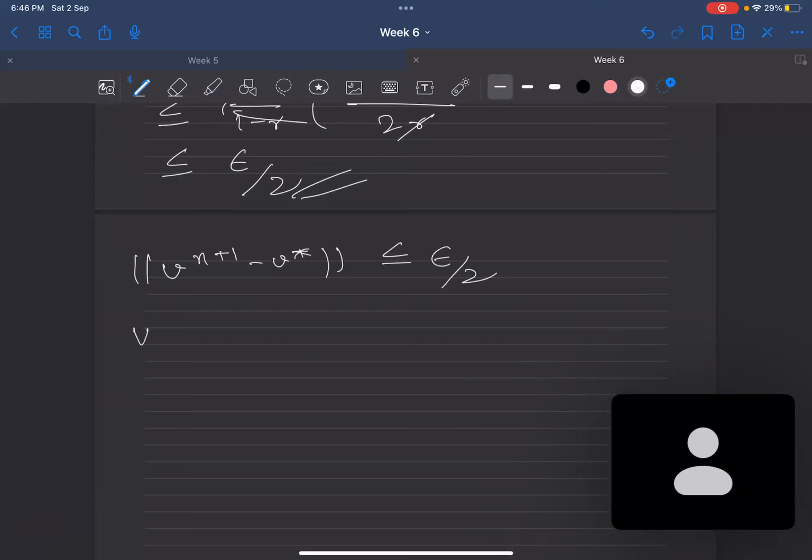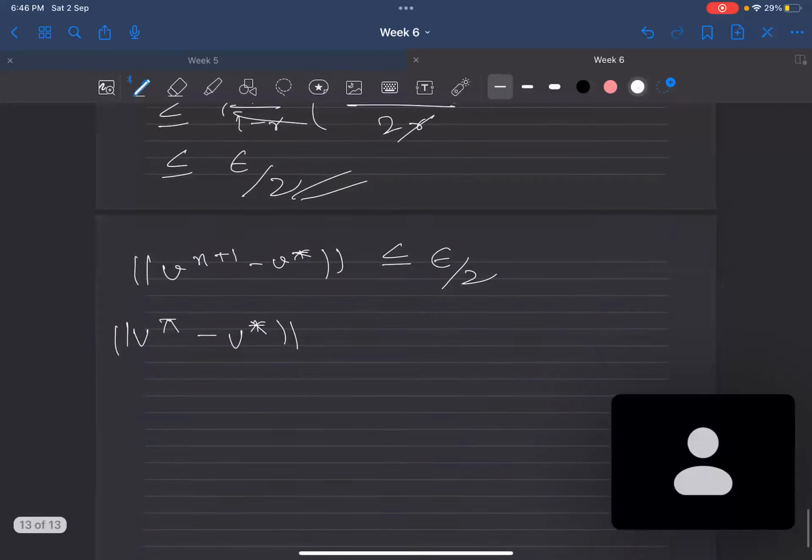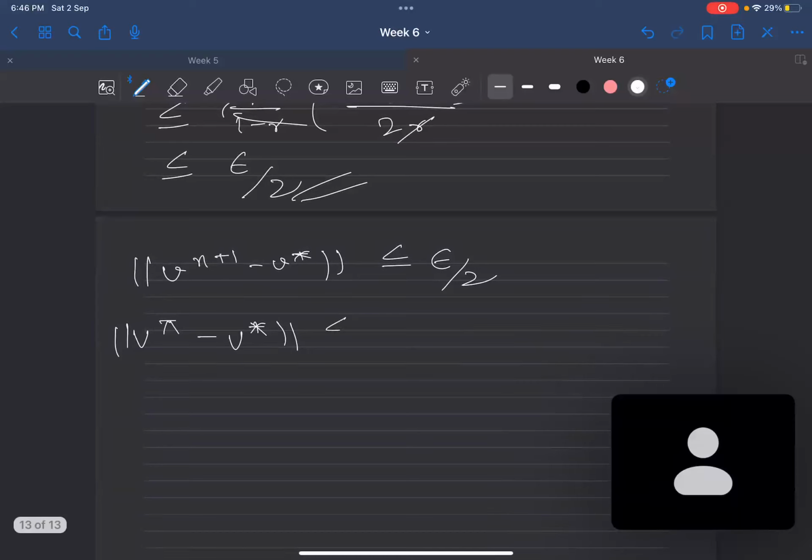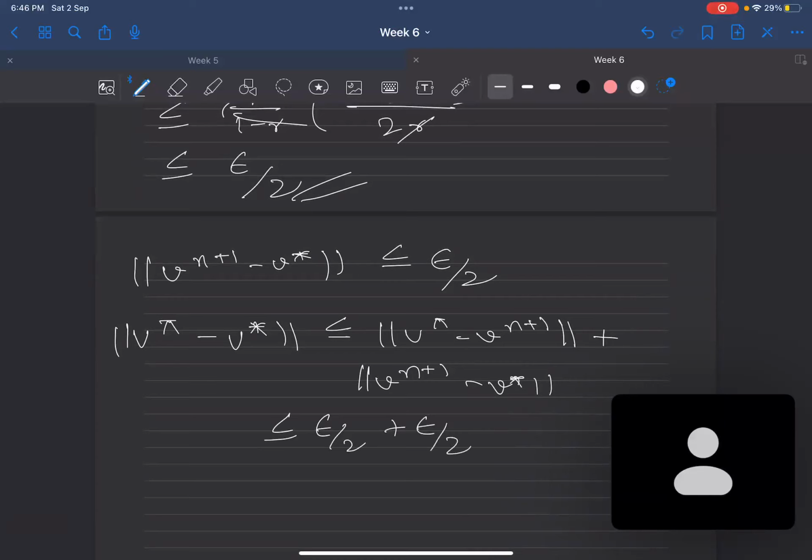And as we have written, V pi minus V star is less than or equal to V pi minus Vn plus 1 plus Vn plus 1 minus V star by the triangular inequality, and both are epsilon by 2, so epsilon by 2 plus epsilon by 2. So I can say it is epsilon optimal. Yes. Everyone, should I proceed?